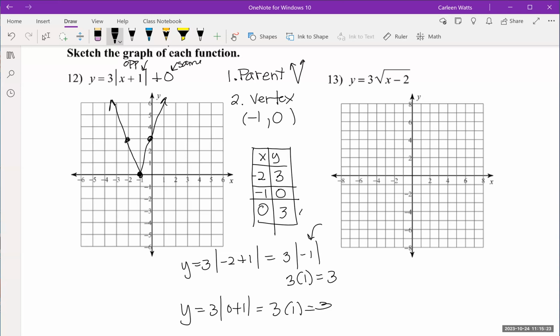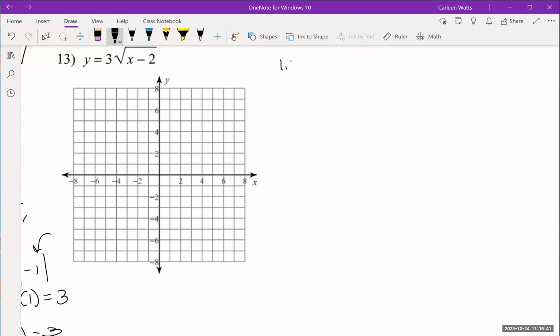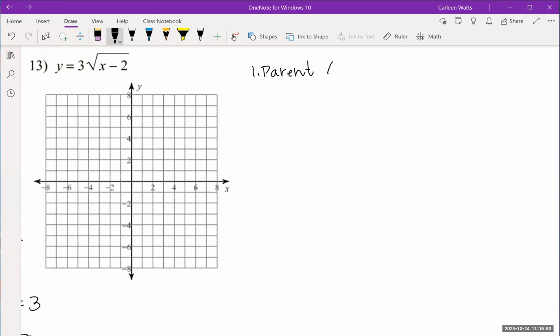Number 13. Okay. Number 13. Parent. We learned last week that square root is a sleeping parabola, right?